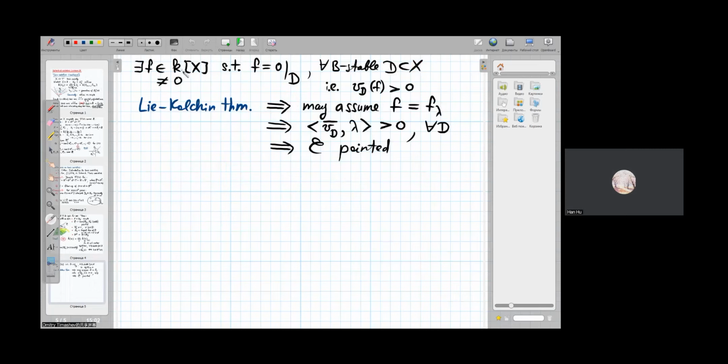A vanishing ideal is an ideal in this coordinate algebra. Okay. And I choose a function from this vanishing ideal. And I can assume this function to be B-stable by the Lie-Kolchin theorem. Okay? Okay. Good.